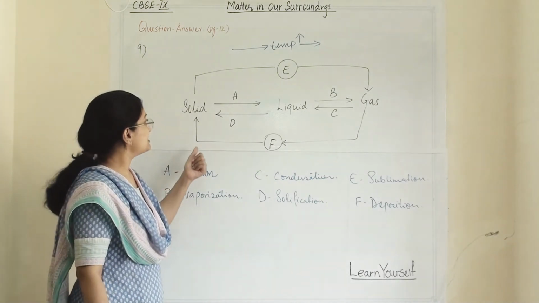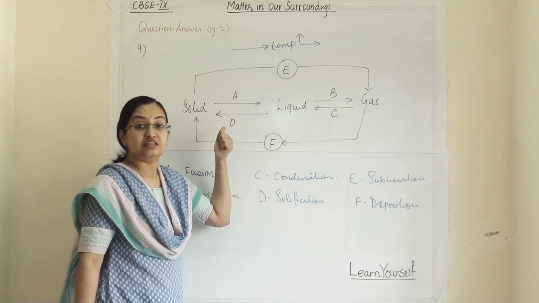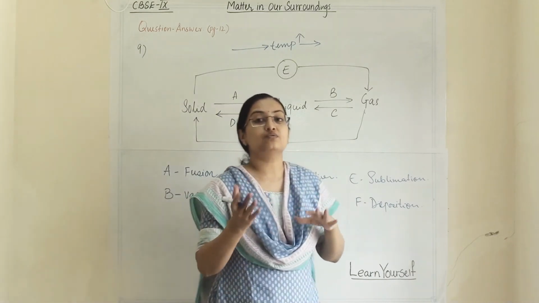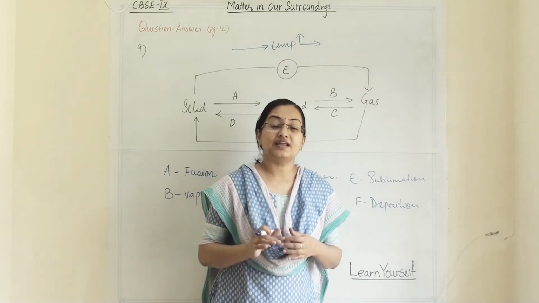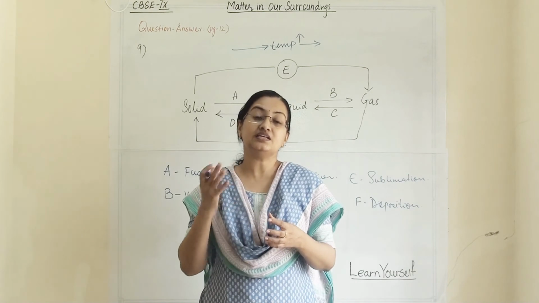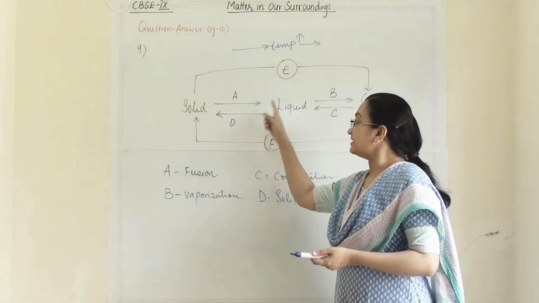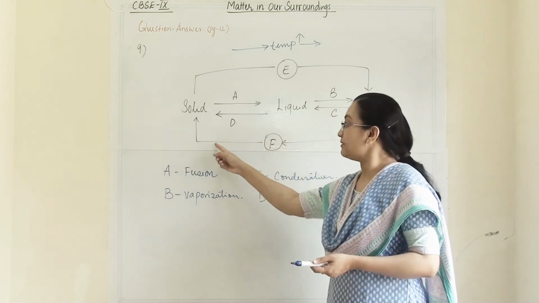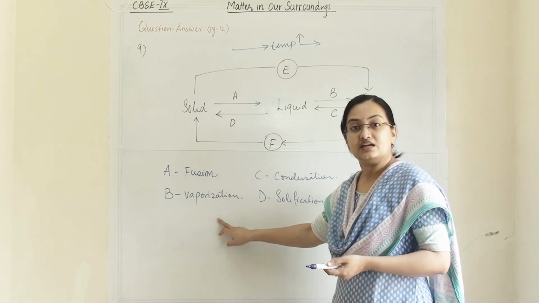So all this, from A to F, are the total interconversions of states of matter. This is an important question, and it shows how these three states of matter interchange, and that while increasing and decreasing temperature, the process names will differ.